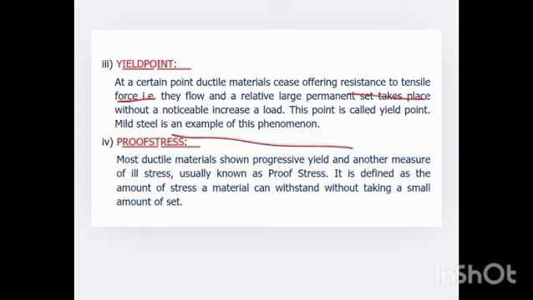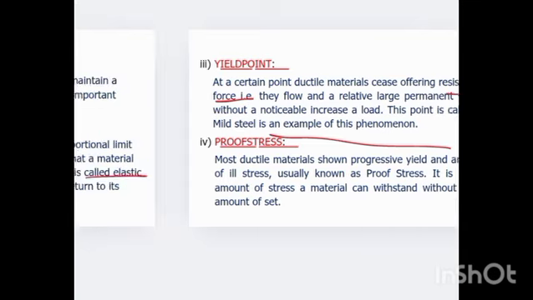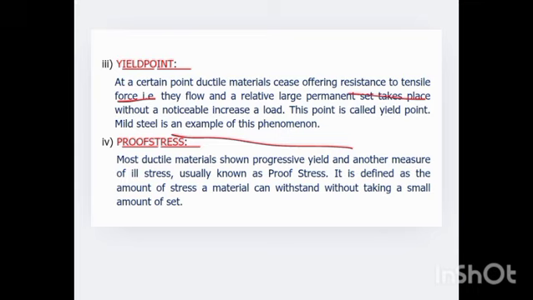Then proof stress. Some materials do not show a clear yield point. For such materials, we have to use proof stress to calculate the stress. Proof stress is the stress at which a small permanent deformation occurs. To find the proof stress, this is our stress strain diagram.